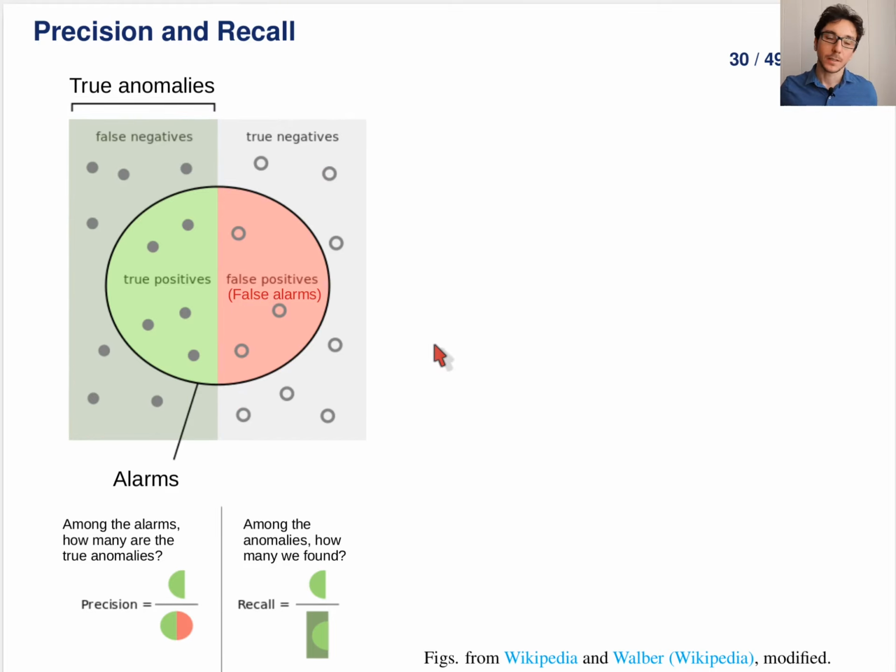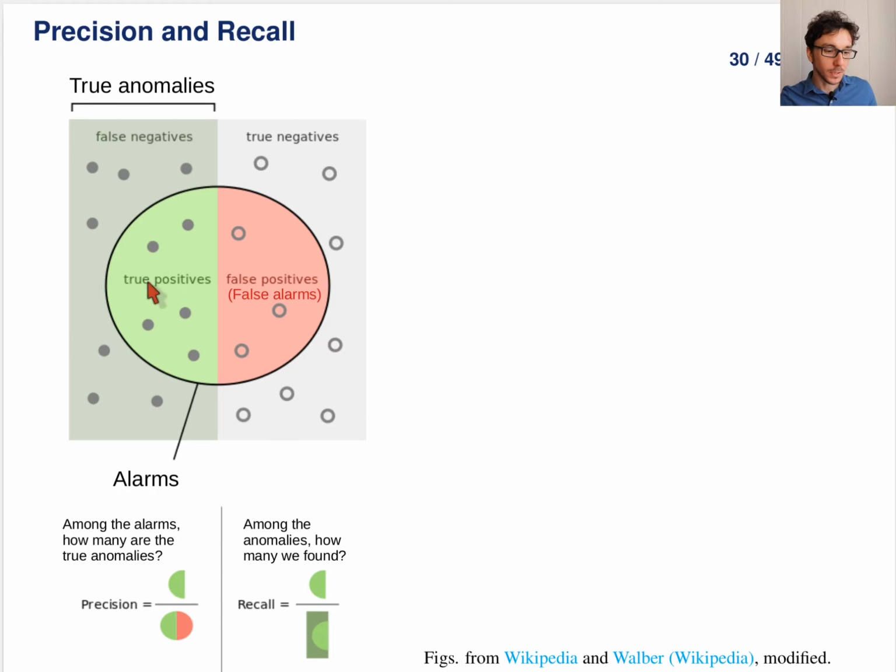Now that we have defined all the possible points, we can compute precision and recall. Let's start with recall. Recall is true positives divided by all the anomalies we have. So the recall is, in other terms, the percentage of anomalies that our detector was able to find. What is the precision instead?